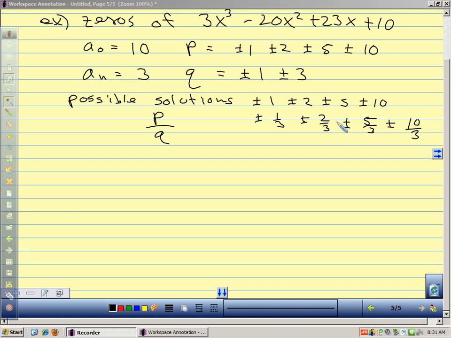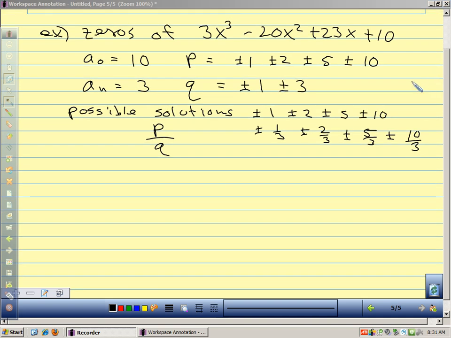So let's see if we can eliminate a couple. Because we just have a third degree polynomial, f of 1 and f of minus 1 aren't that hard to calculate. F of 1, if I just plug in 1 for x, is 3 minus 20 plus 23 plus 10, which is not 0.